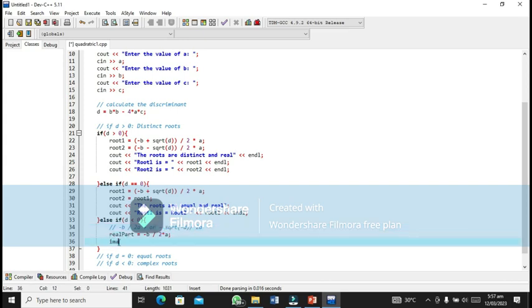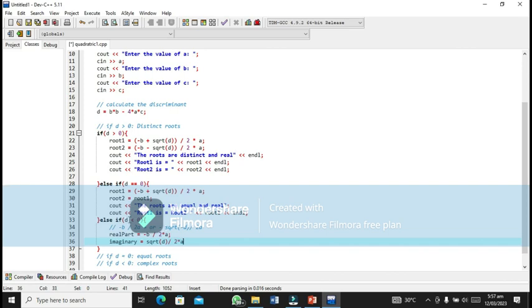Normally, we have imaginary equal to the square root of d. Remember that d is giving you a negative number already. Since it is less than 0, it's going to have a negative value. So square root of d divided by 2 multiplied by a, right?